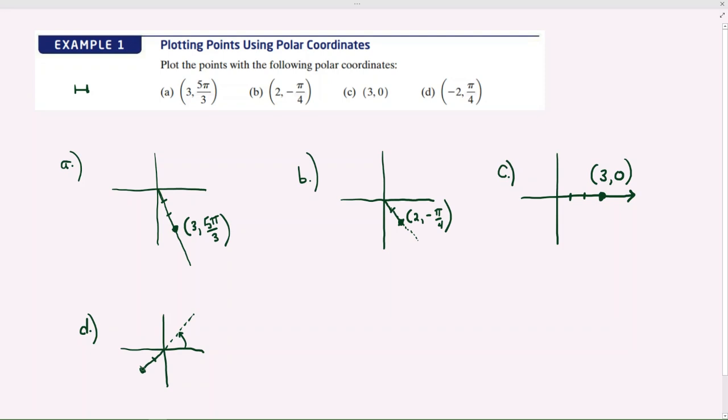Okay, so somewhere about right there, it's going to be polar coordinate point negative 2, pi over 4. Okay, that's the most difficult one to get used to. Once you find your angle, you'll go in that direction for a positive r, but if your r is less than 0, you're going to go in the opposite direction for that distance.